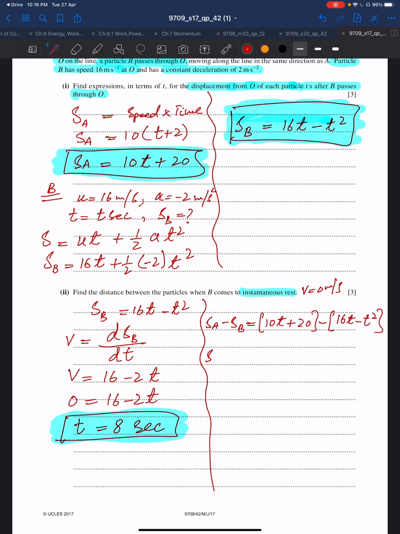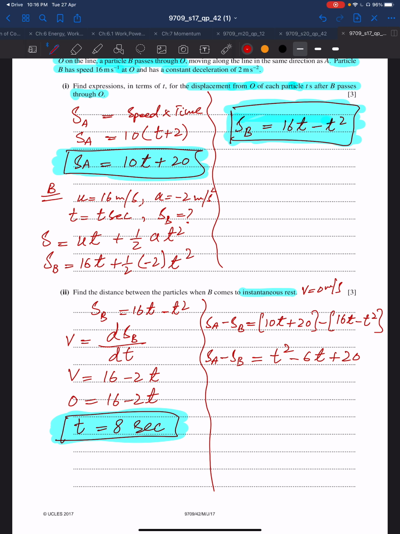So S of A minus S of B is equal to 10t minus 16t plus t square plus 20, that is t square minus 6t plus 20. That will be the difference between the displacements of the particles, right?